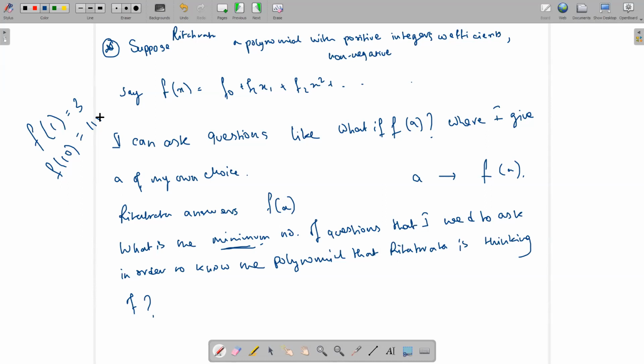So f of 1 is 111 and f of 10 is also 111. I would ask f of 1 and then some number greater than f of 1.